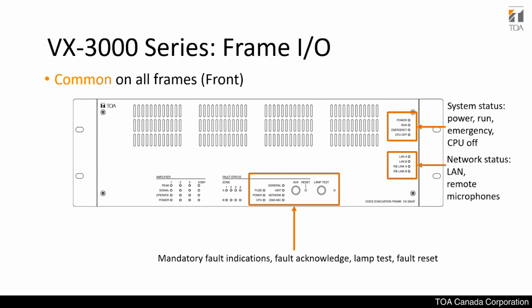There's also unit failure, network failure, and the emergency mic, if one is connected, which it also monitors for failure. There are buttons for acknowledging the failure status and resetting the device. Say you troubleshoot it and want to reset to see if that failure goes away. And the lamp test is for testing the lights at the back of the device.